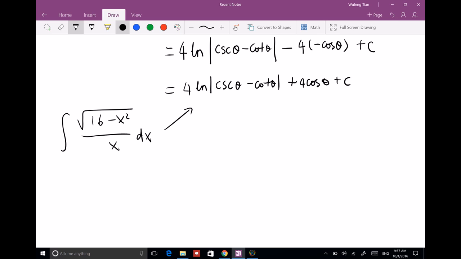Well, for example, if I do x dx, you know the answer is going to be half of x squared plus c, right? Well, the function should be a function of x. But now what I got? My result is a function of theta. Do you think there is any problem here?